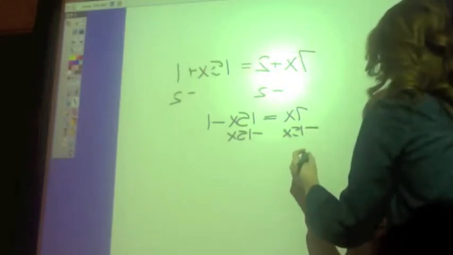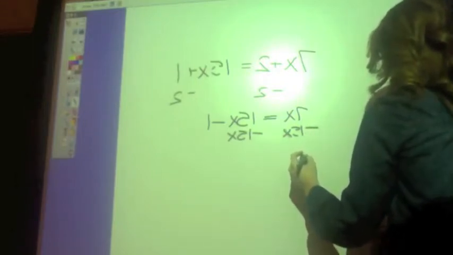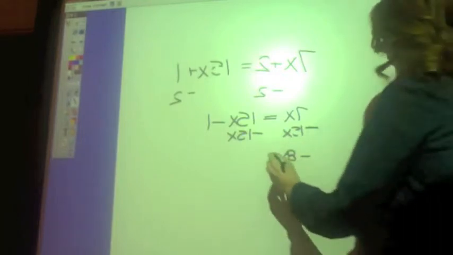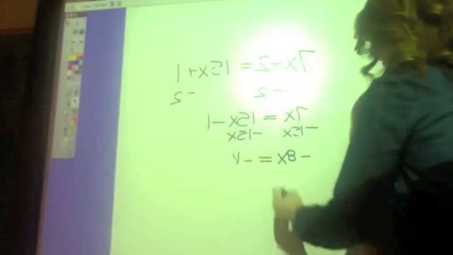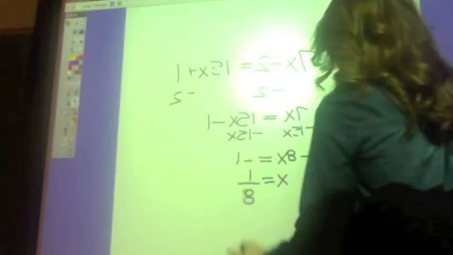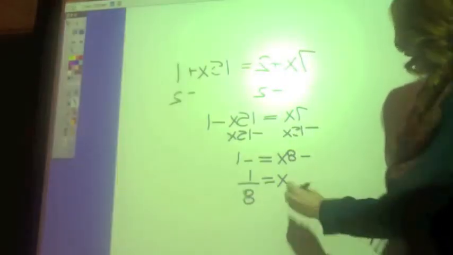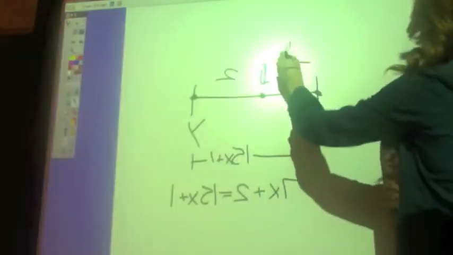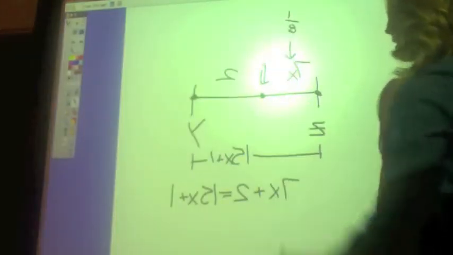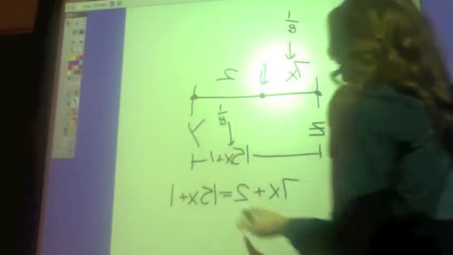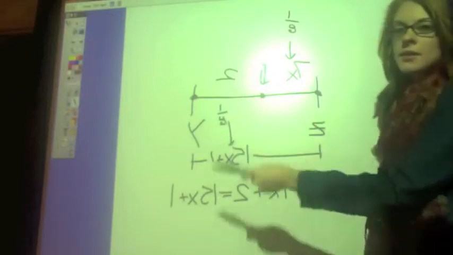This is going to give us negative 8x is equal to -1, or x is equal to 1 divided by 8. Then you go back and plug your x in for each of those. So here we plug in 1/8. Here, for this, we plug in 1/8. And then you can get the lengths for each of these segments.